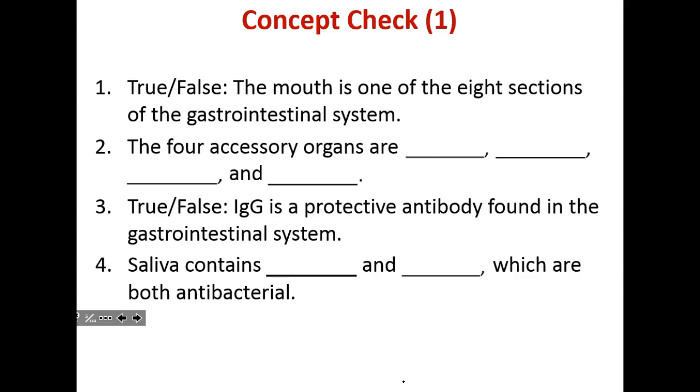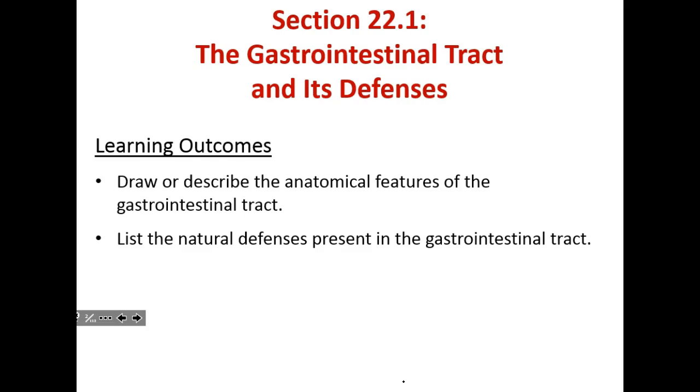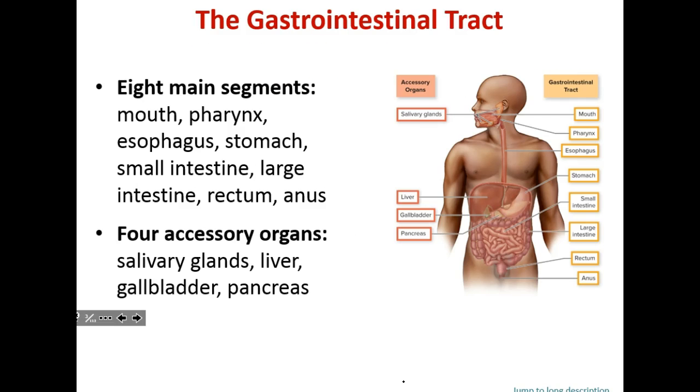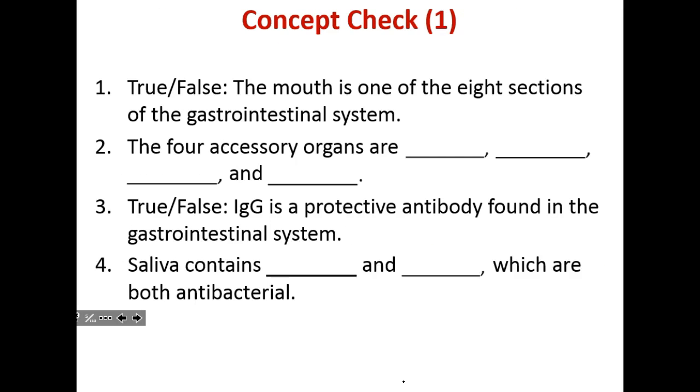What are the 4 accessory organs? Pancreas. Pancreas is so important. All of it's important, but if you get pancreatic cancer, you've got something on your hands. IgG is a protective antibody found in the gastrointestinal system.